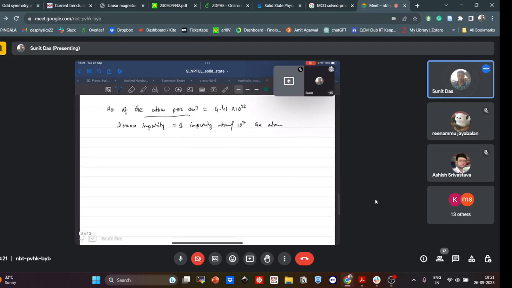So that means the concentration of donors will be 10 to the power 7 times less than the actual germanium atoms, right? So this is 4.41 into 10 to the power 22 by 10 to the power 7.